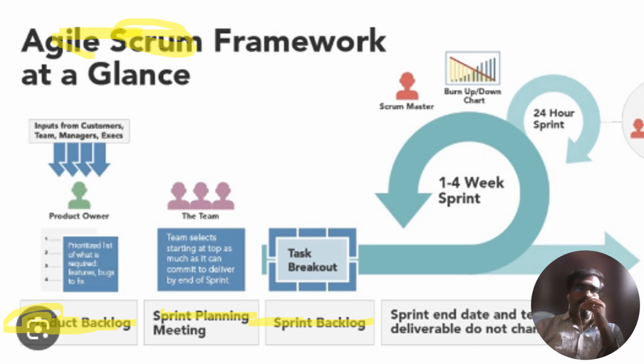We have daily scrums and 1 to 4 week sprints, and as a result we observe a sprint retrospective, followed by the sprint review. Finally it is given its final shape as the shippable product increment, right? This is how Scrum works.